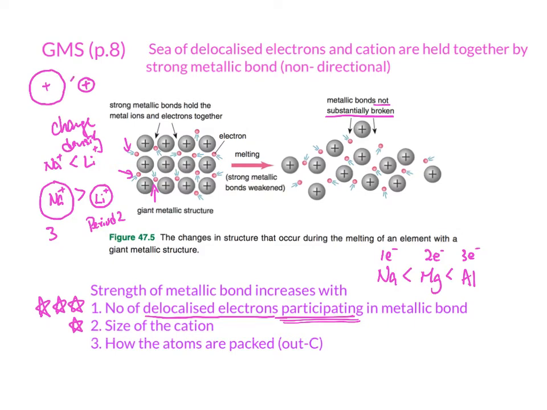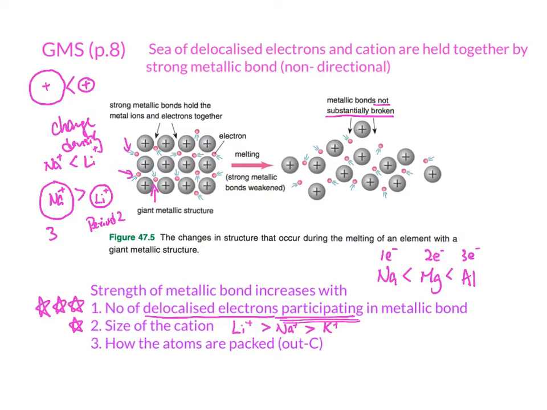So we will find that the charge density of lithium is stronger, so it attracts the delocalized electrons much more strongly than sodium does, and than the potassium ion, because the potassium ion has the largest cation size.